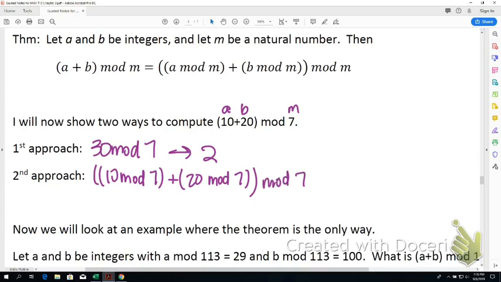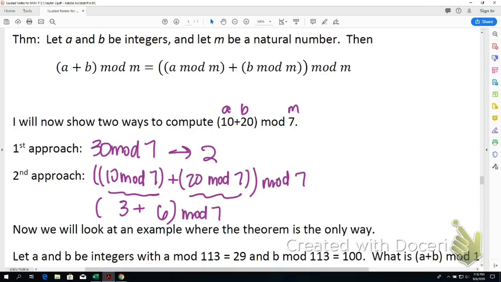So now let's simplify this piece, and let's simplify this piece. So 10 mod 7, what would be the remainder? That would be 3, plus, what's 20 mod 7? How many times can 7 go into 20? That's twice. With what left over? A 6. So this would be a 6 here. Mod 7.